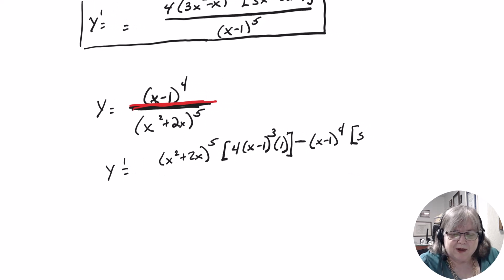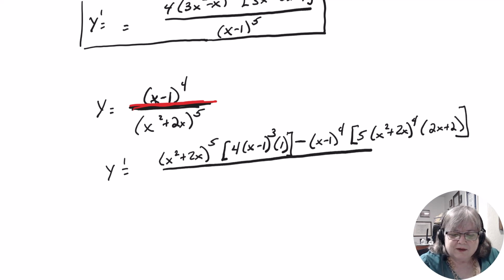So you bring the power down, leave the inside alone, take 1 off the power, loop back in, and take the derivative of the inside, 2x + 2, all over (x² + 2x)⁵ squared.